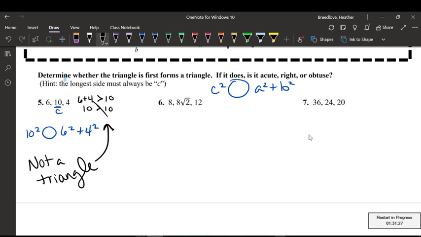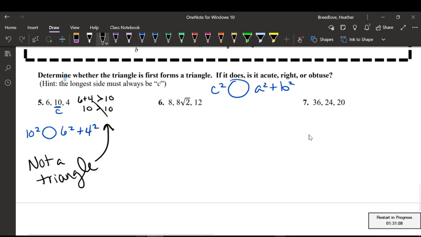Next, number 6. 8 square root 2 and 12. Which one's the largest value? If you're not sure, you can multiply 8 times the square root of 2 and look at the decimal. But 12 is the largest number.